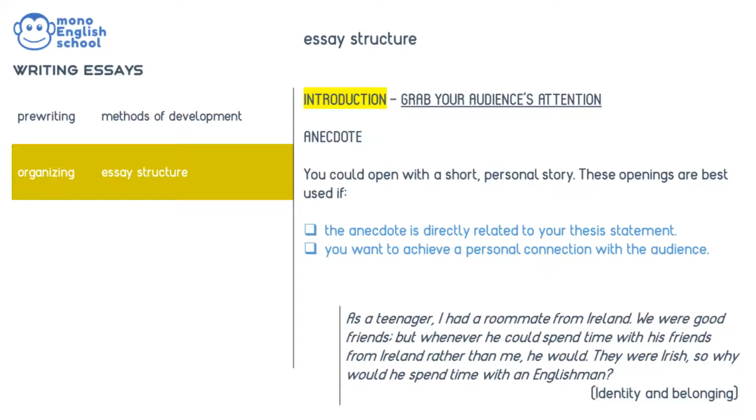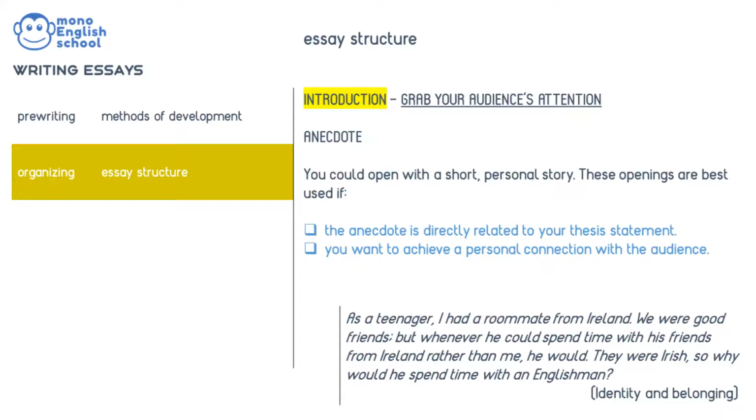This means that it suits papers with a more personal and less formal tone. It would be unusual to find an anecdote at the beginning of a formal report or technical paper. But such an opening could be effective with a more personal assignment, such as a biographical essay about someone you know.